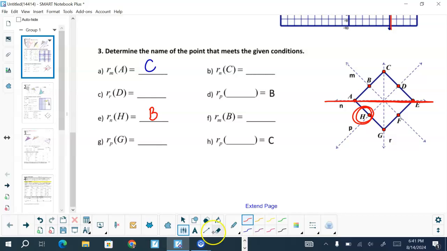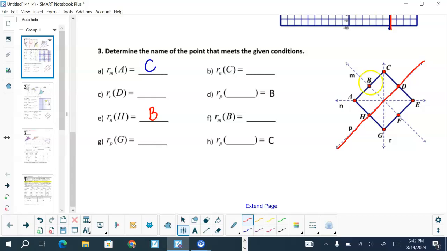Now before I let you try some of these on your own, there's a couple on the second hand side here that look a little bit different. Let's do D together. So D is written a little bit backwards. They are actually telling us that we did a reflection over line P. So line P is this one. However, they are not telling you what they reflected. They're just telling you where it landed.